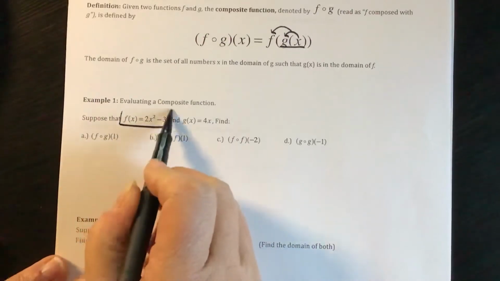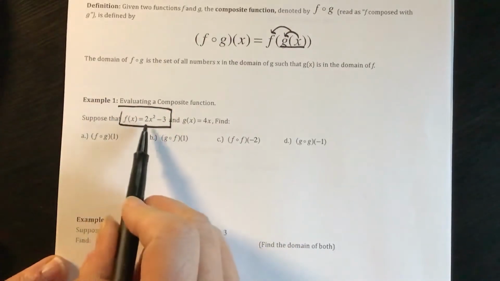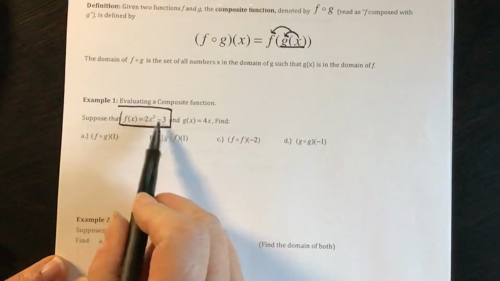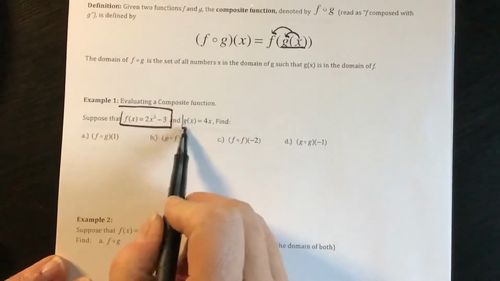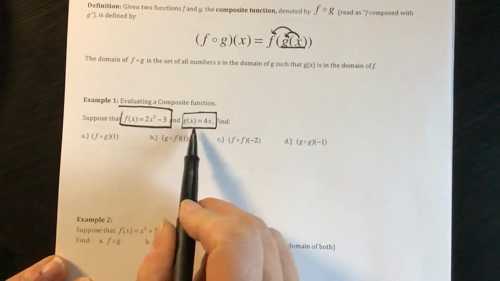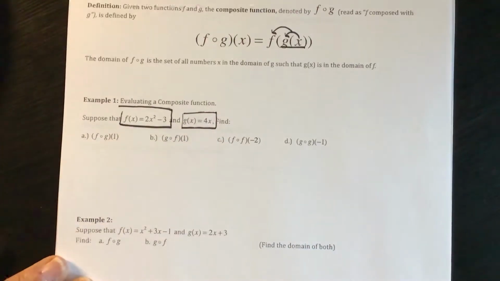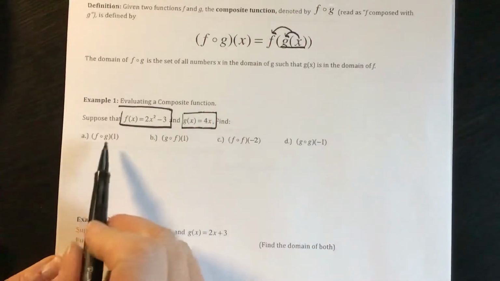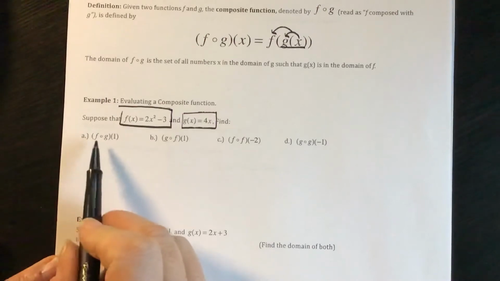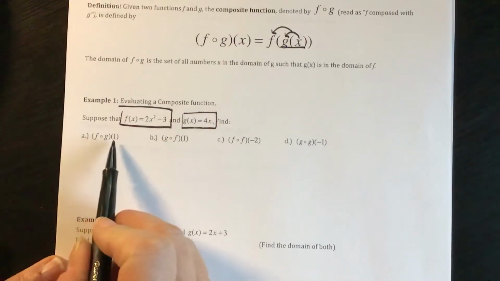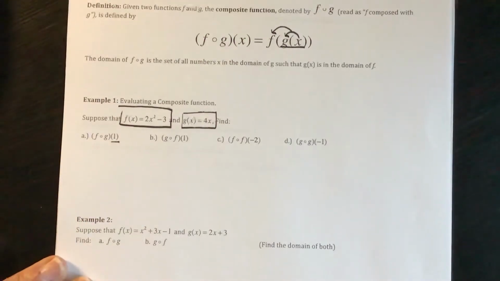I have an f function defined by 2x squared minus 3, and then I have a g function defined by 4x. So they're asking us to find the composition of f and g with x being 1.